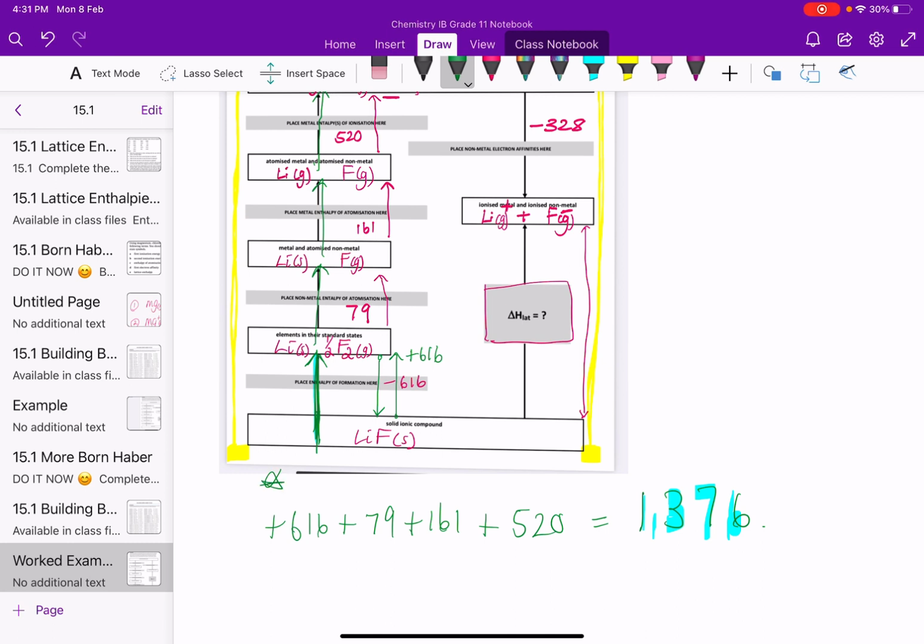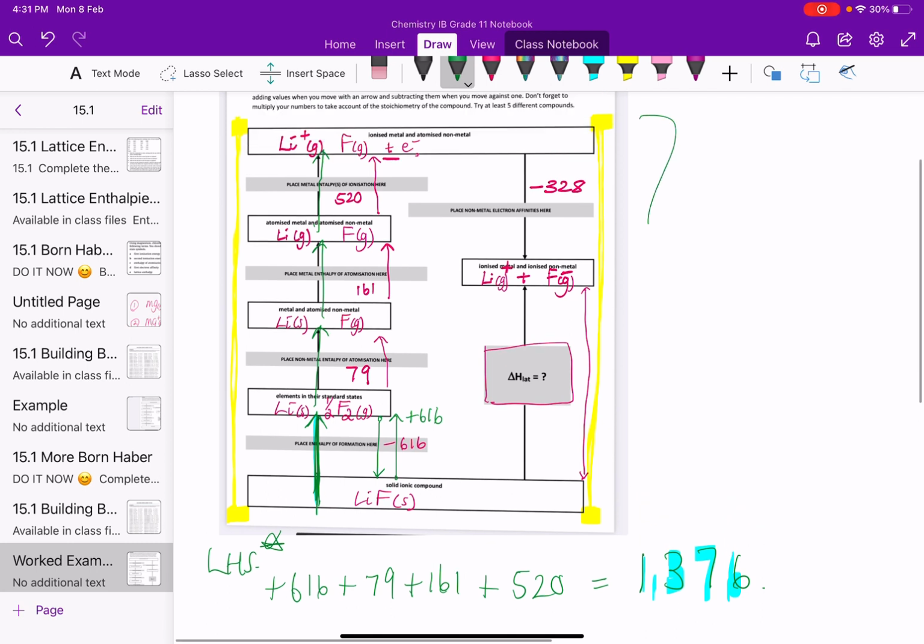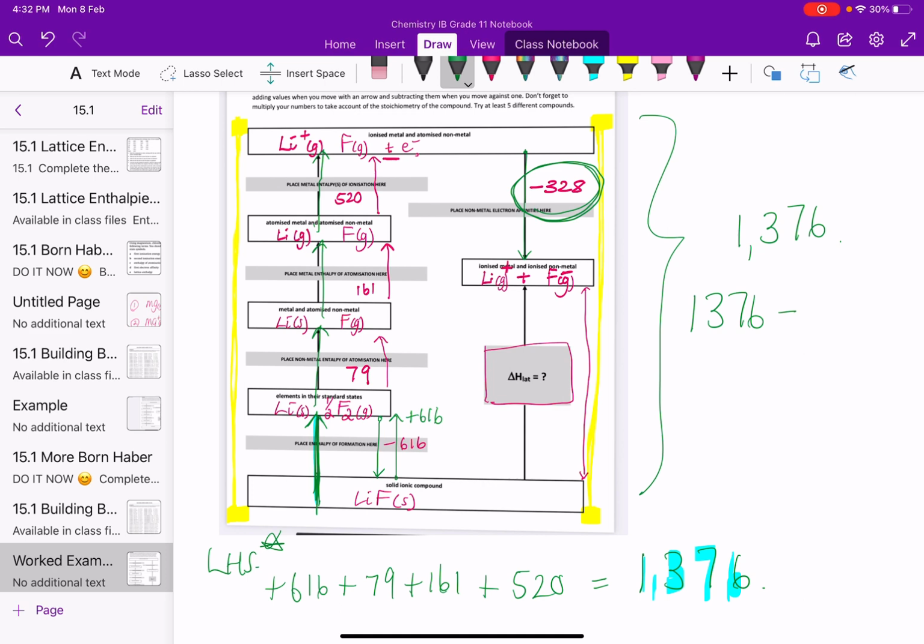So that is the energy on the left-hand side. The energy on the right-hand side is equal. So the energy on this side also has to equal 1,376. Now, because I know that of that 1,376, 328 of them are required for the movement of the fluorine atom to become a fluoride ion, then by simple arithmetic, 1,376 take away 328 gives me 1,048.